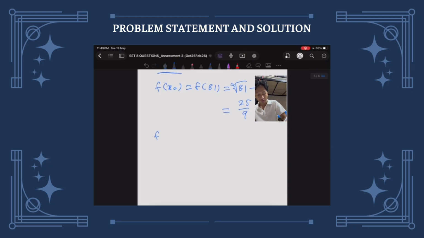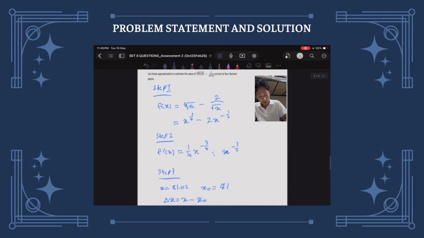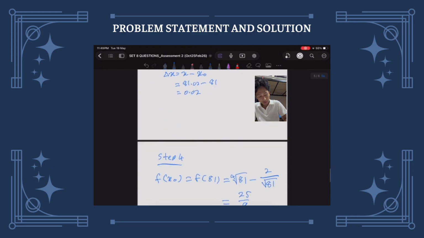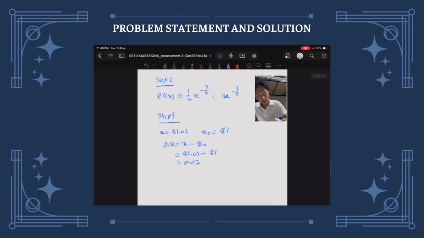So f prime x0 equals f prime 81. We look at step 2, the f prime x.